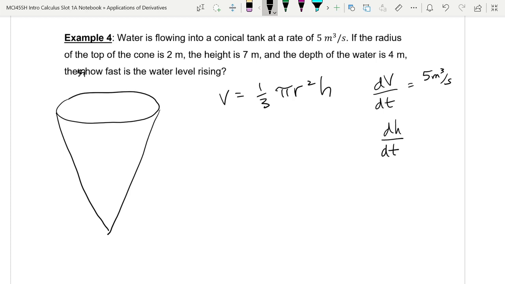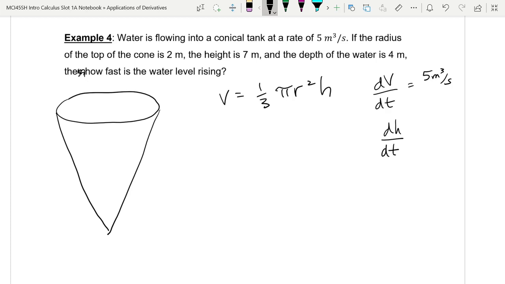We want to know how fast is the water level rising. And again, that won't be a constant, because think about it. If I'm pouring the water in at a constant rate, that height will increase really fast at the beginning, and then it'll slow down, right?